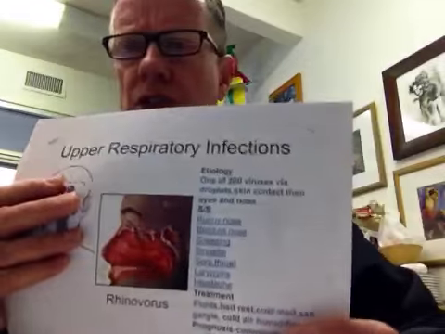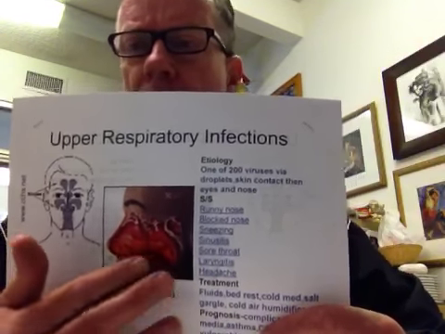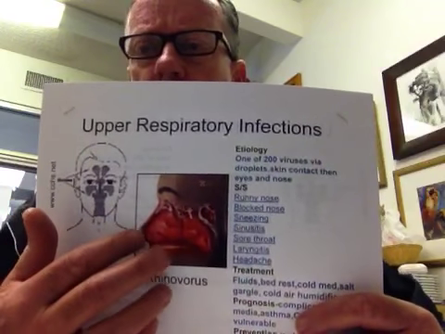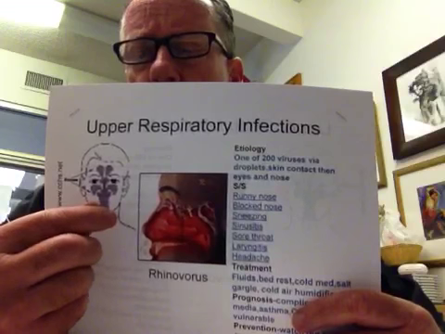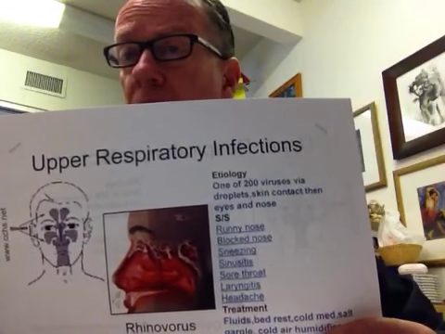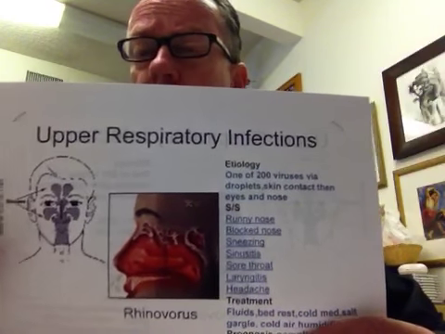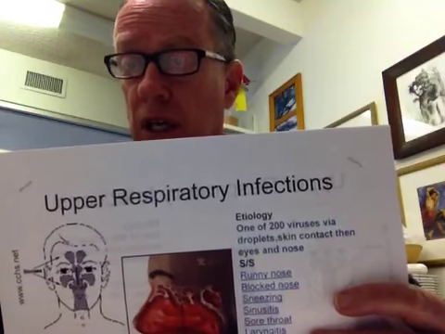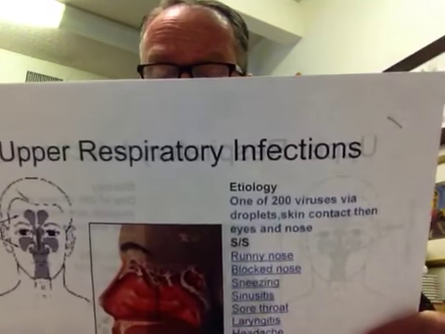And then upper respiratory infections, as I indicated to you, very often the illnesses that become lower respiratory infections begin in the upper respiratory tract and then migrate through, the virus getting down into the lower tubing of the lungs.